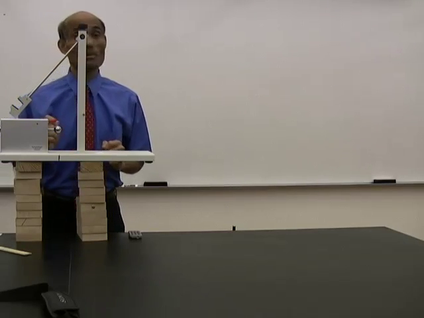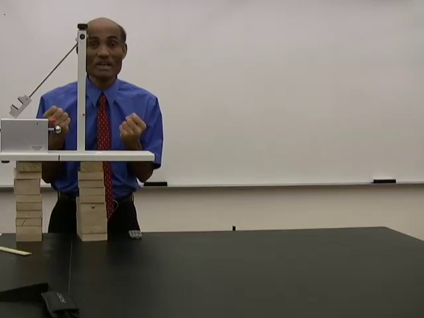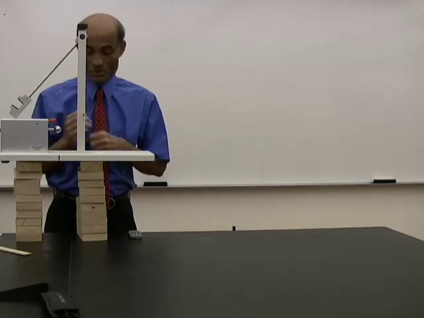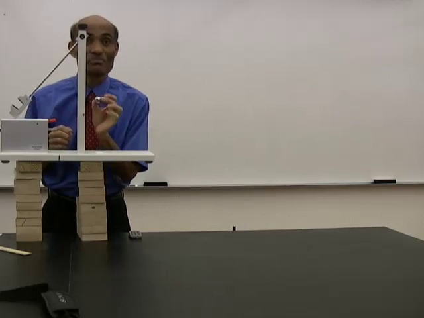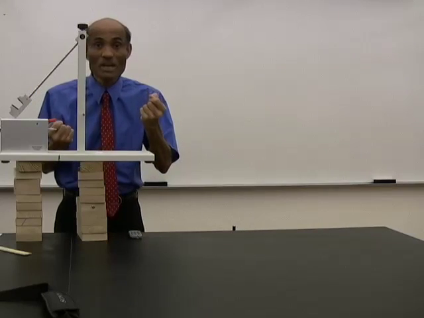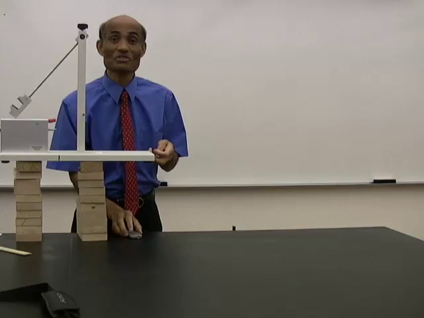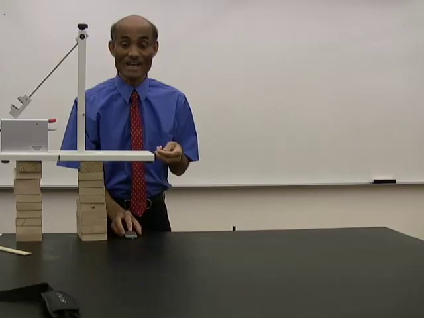In the second part, we will use the conservation of momentum and the conservation of energy to investigate the velocity of projection. So it's a combination of projectile motion and the conservation of momentum and energy.